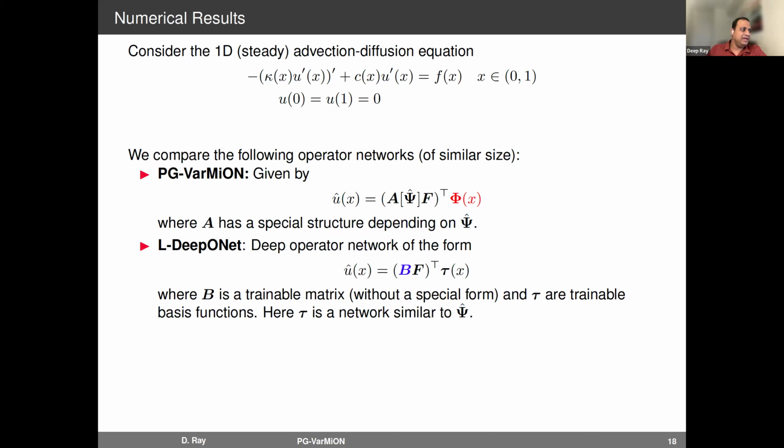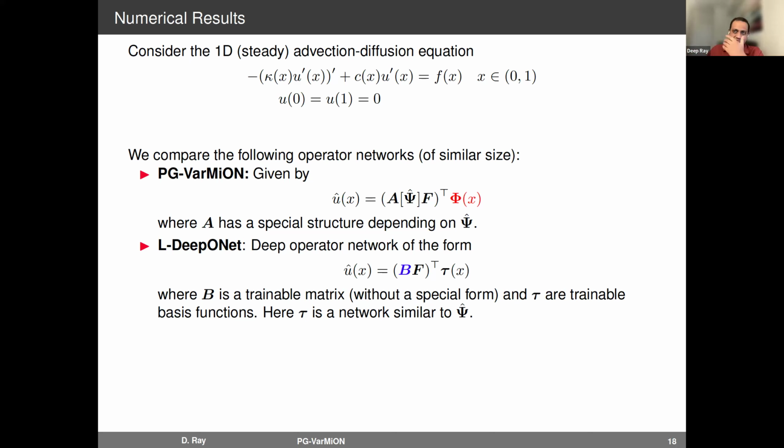So this is PG-VarMiON. I'll talk about another deep operator network that is motivated by something known as DeepONets. I'll call it an LDPO net because I'll assume that it looks similar to what I have earlier, okay? But there are two differences. This A of psi hat is now simply replaced by a learnable matrix B, which has no special structure to it. Because you could say, well, in principle, I can always write this A of psi hat as some trainable matrix B. What if I just learn that matrix B and not assume any special structure given by the psi hat?